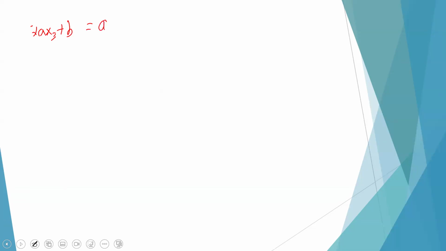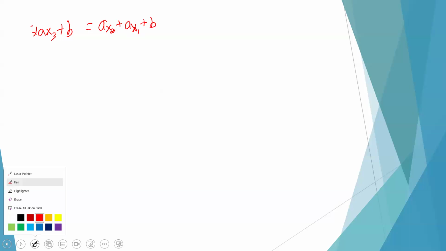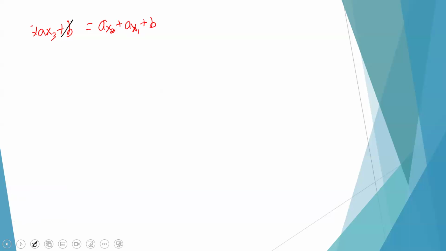We had an ax2 plus an ax1 plus ab. Well, if I subtract b from both sides, that's going to filter off. That's a nice, easy filter. Well, maybe I should take out the a's. That might make things look a little better.